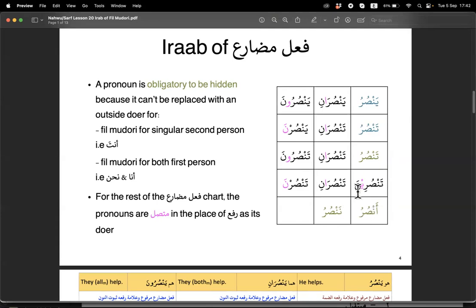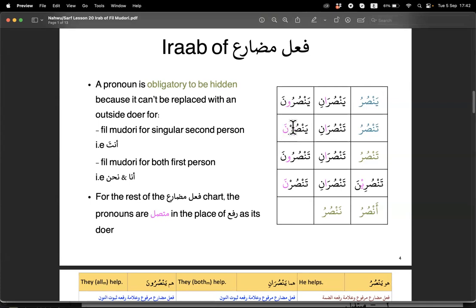For the rest here, the ones that we have in pink, what do we call this waw? Waw of the plural. What's plural in Arabic? Jama'ah. Okay, waw al-jama'ah.